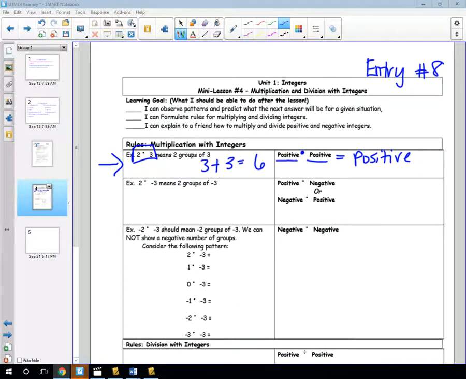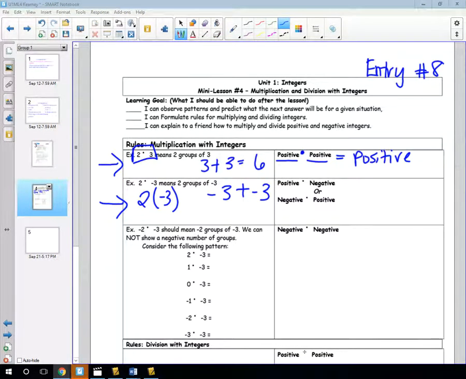Okay? But then when we get to some other ones like a positive times a negative, for example, 2 times negative 3, instead of saying times, we can use the words groups of. So that's 2 groups of negative 3. That basically means we have negative 3 and another group of negative 3, and we're adding them together.